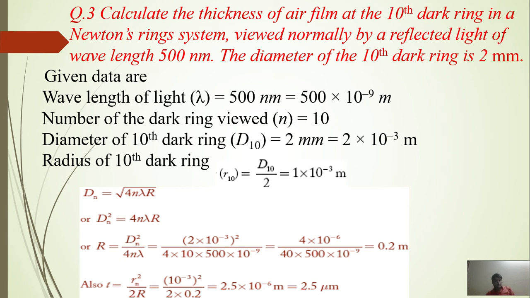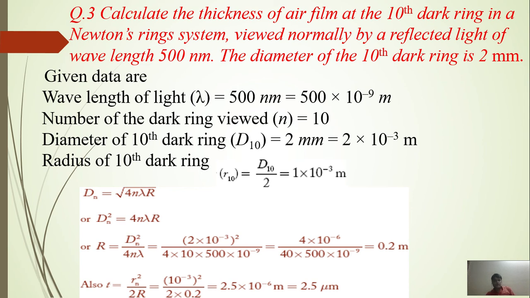D_n square is equal to 4n lambda R, and R is to be found out. So R is equal to D_n square by 4n lambda. That is (2 into 10 to the power minus 3) whole square by 4 into 10 into lambda, 500 into 10 to the power minus 9. After solving, we get the radius of curvature of the plano-convex lens as 0.2 meter.